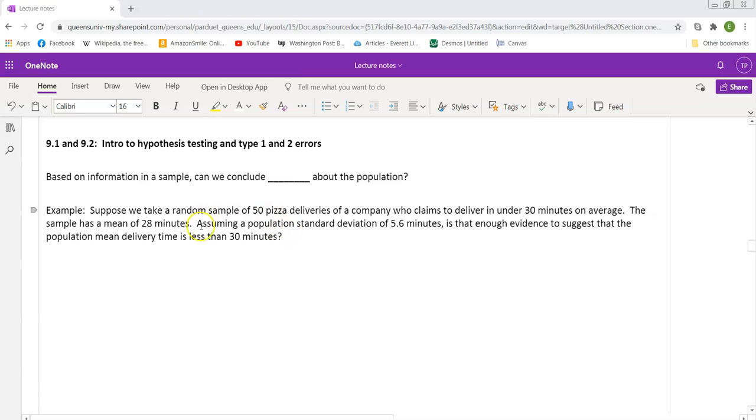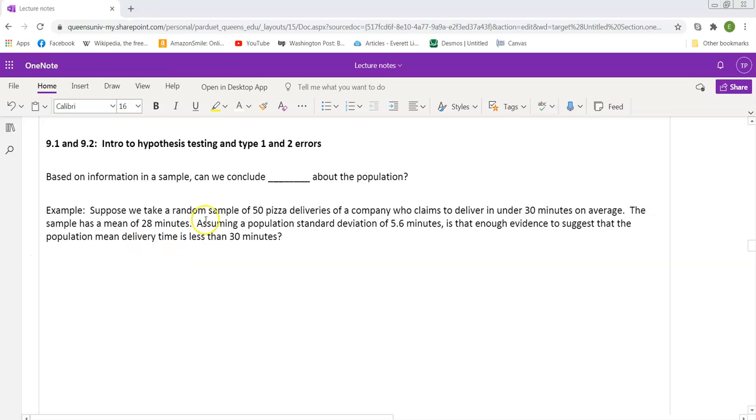For example, here's one problem that, not today, but by the end of the lesson Thursday, we'll be able to answer. So here we've got a random sample of pizza deliveries from a company that claims to deliver in under 30 minutes.